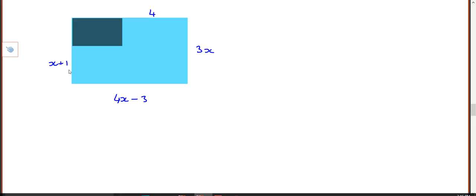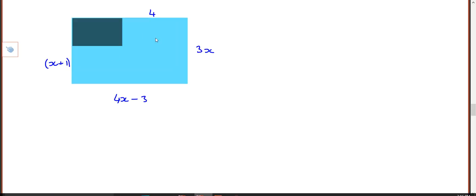Isn't a hexagon a shape that has 6 equal sides? No, that's a regular hexagon. This is an irregular one. Any shape with 6 sides. You might call this a concave hexagon.